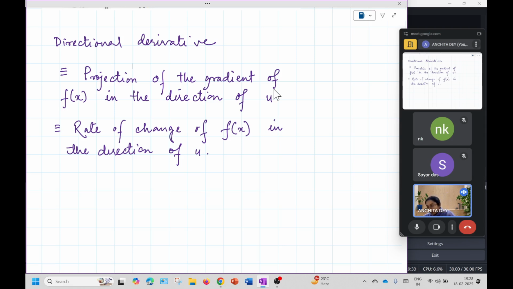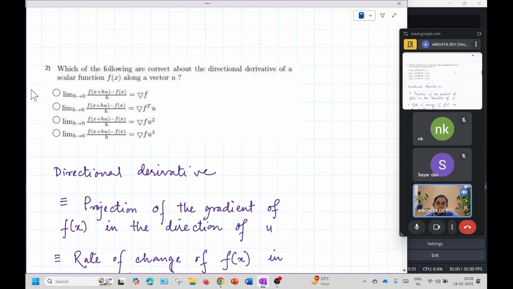So if we evaluate, our option was given to be this, right?